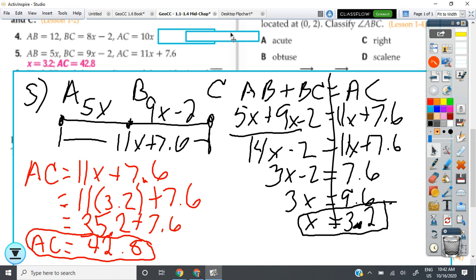Yes, it'll say inches, centimeters, something like that. It'll be in the problem. The question was, will it tell us if there's a unit? And the answer was, it'll be in the problem.